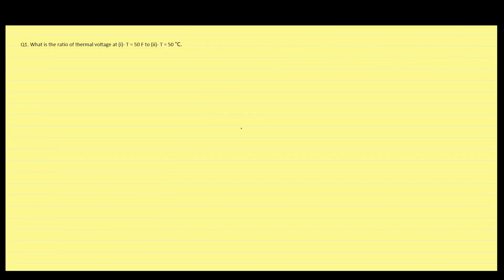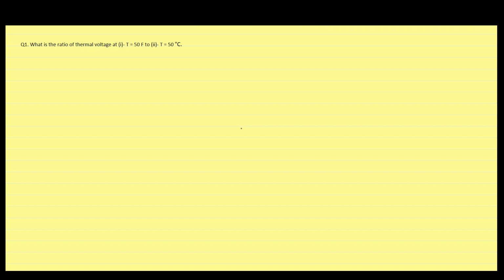For the first question, we have to find the ratio of thermal voltage at 50 Fahrenheit to 50 degrees Celsius. First, we will convert both the temperatures in the same scale. I am going to convert Fahrenheit into degrees Celsius.